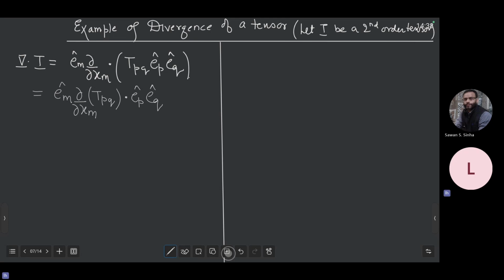Is it fine? I could have applied the product rule of differentiation and written 2 more terms involving derivative of unit vectors, but by now we understand that they are 0.